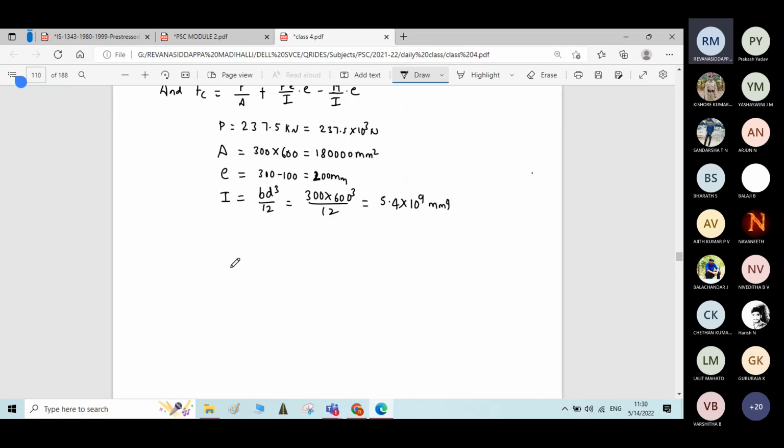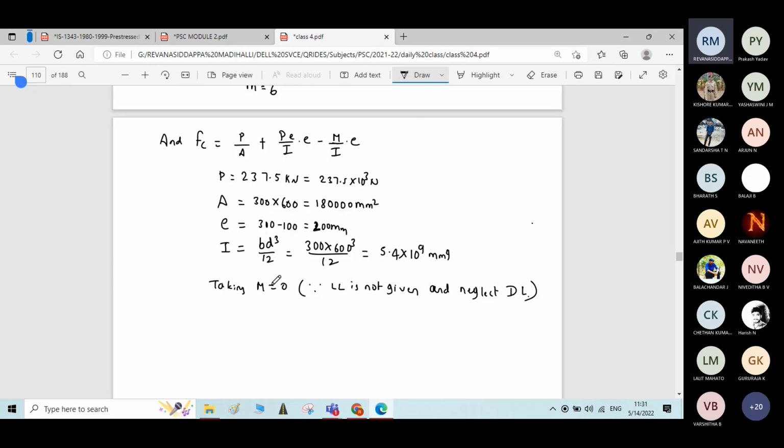We will take M equal to 0, and neglect dead load.